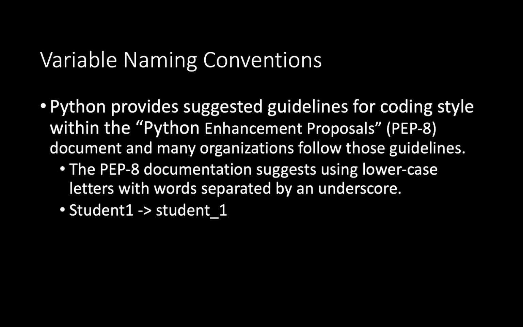Some other naming rules to note: you cannot use any special characters except for the underscore within a Python variable name. Names cannot begin with a number. However, you can have a number within a variable name. And keep in mind that variables are case sensitive, so a lowercase letter and an uppercase letter within two variable names would make them different variables.